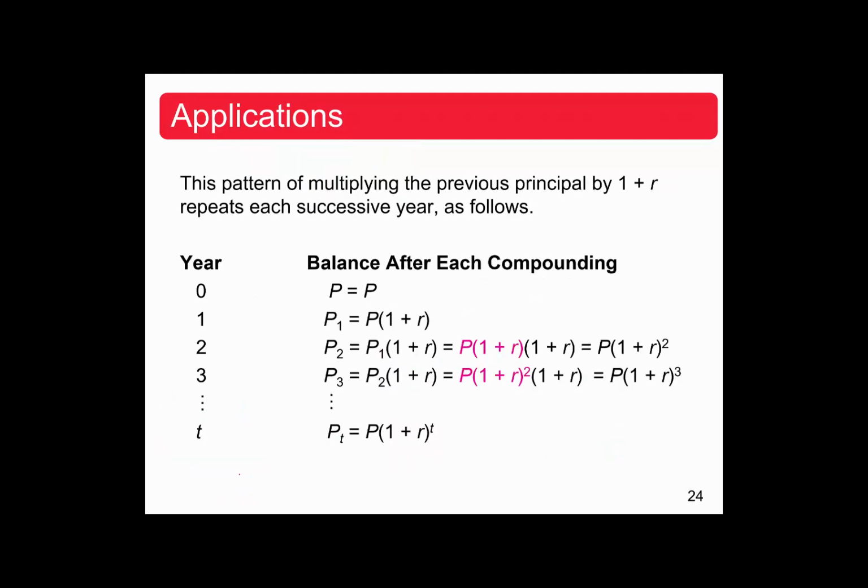And if you look at year 2, so this is year 1, we take year 1 right here. Year 2 is based on year 1, so principal after year 2 should be ending balance after year 1 times 1 plus r. Again, 1 plus r is the interest, right?